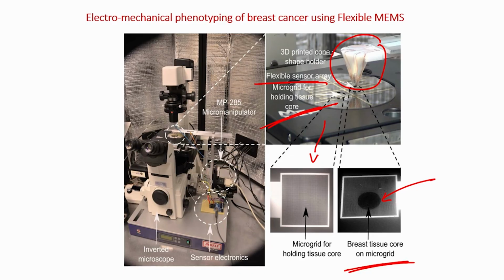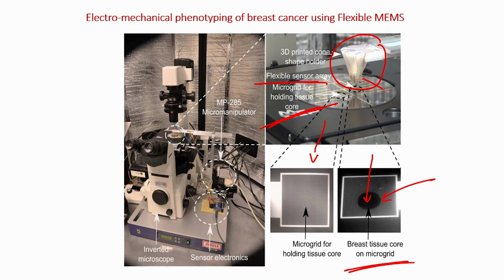Now, what will happen if I indent this tissue, if I press this tissue? The piezoresistive sensors on my MEMS device would bend, and that bending will correspond to the elasticity of the tissue, correct.